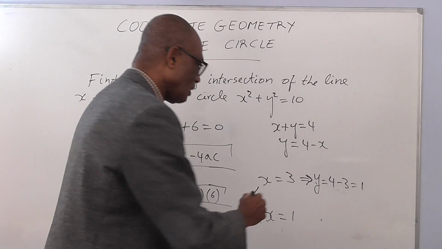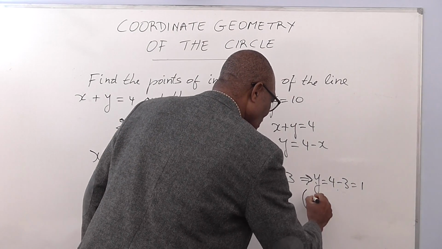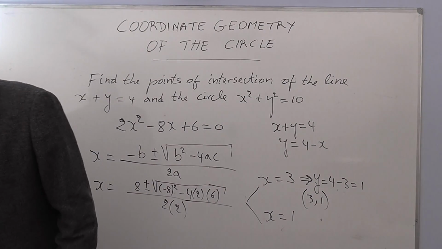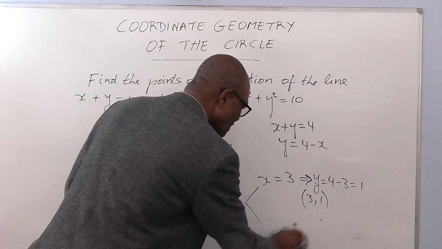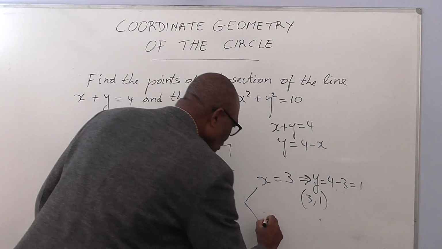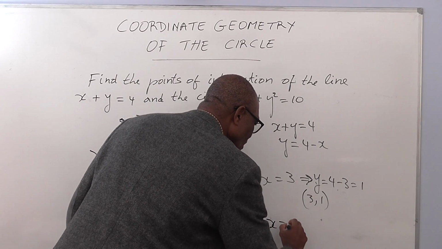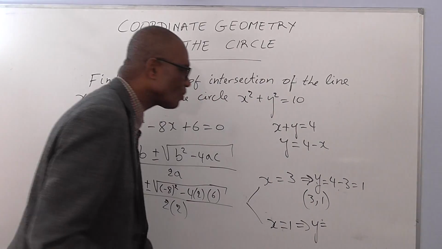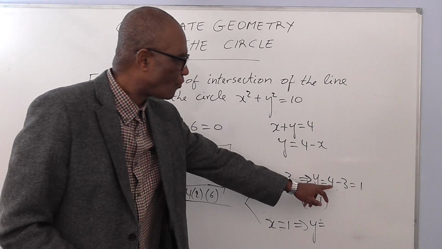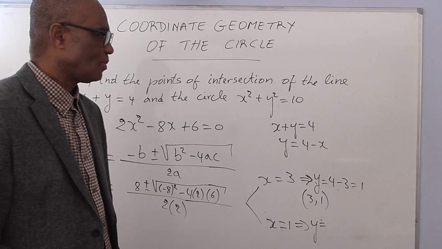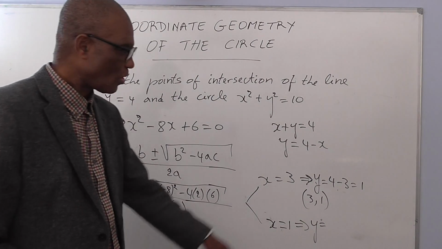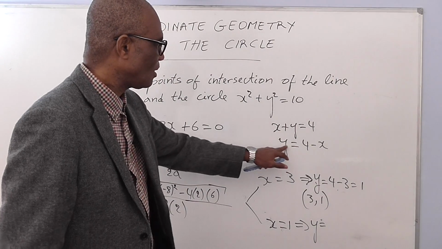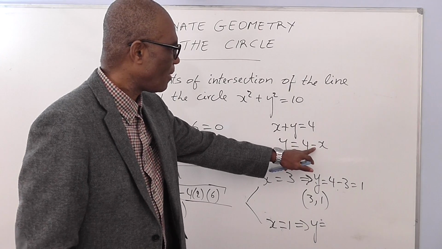And finally, our answer will be (3, 1). Now, for x is equal to 1, we do the same. y will be equal to 4 take away 1, because coming from here, y is equal to 4 minus x.